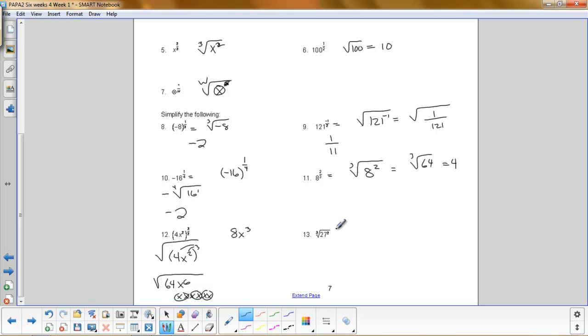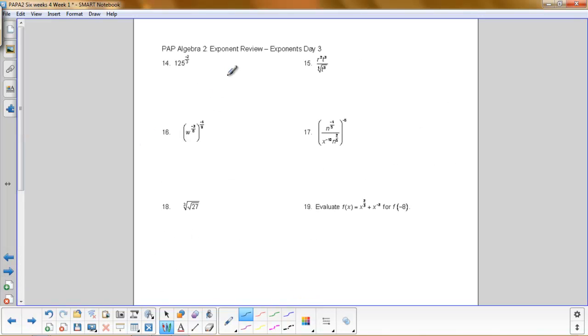Alright, I'll go ahead and solve this one. The 27 squared, and then the cubic root of 27 squared ends up being 9. Just like before, we'll rewrite it as 125 to the negative 2 power, and we'll put that inside a radical with an index of 3.